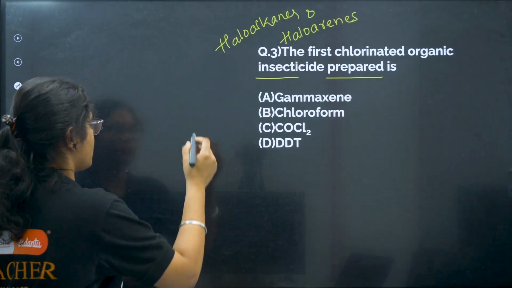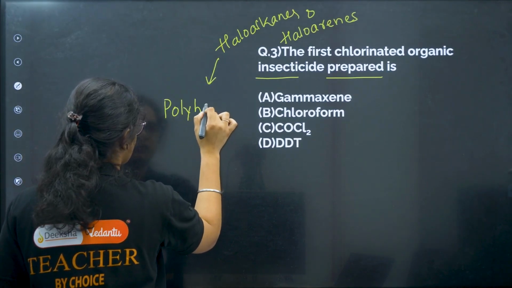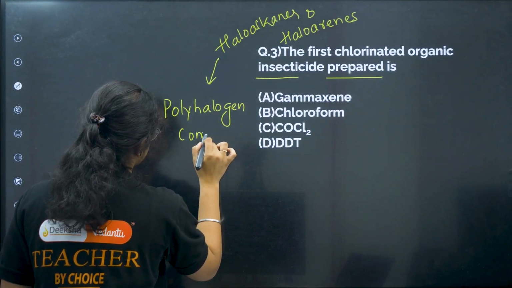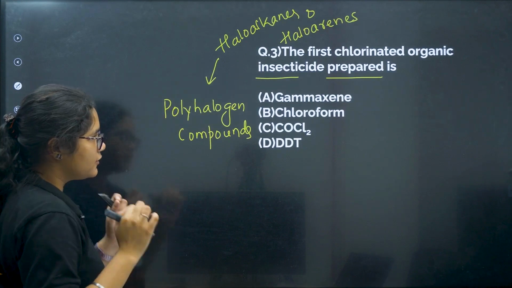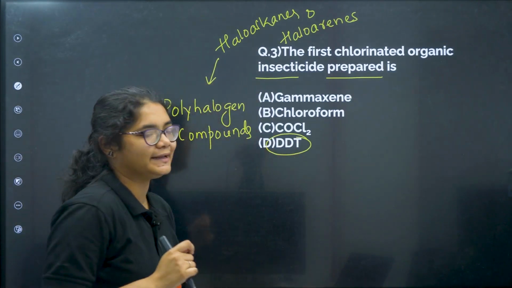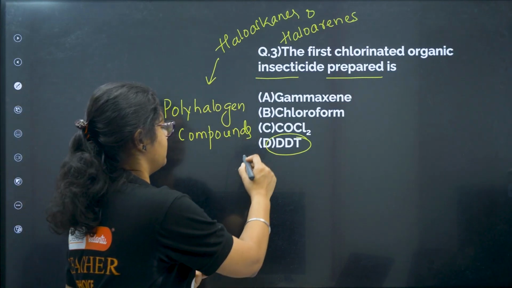The topic is polyhalogen compounds. Yes, the first chlorinated organic insecticide, pesticide, is your DDT. So you can see this is the correct answer here, option number D.